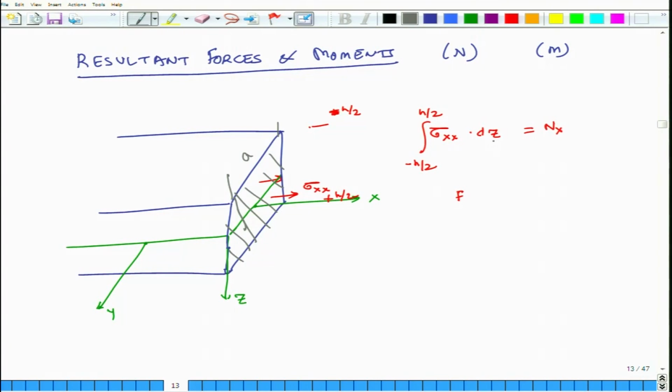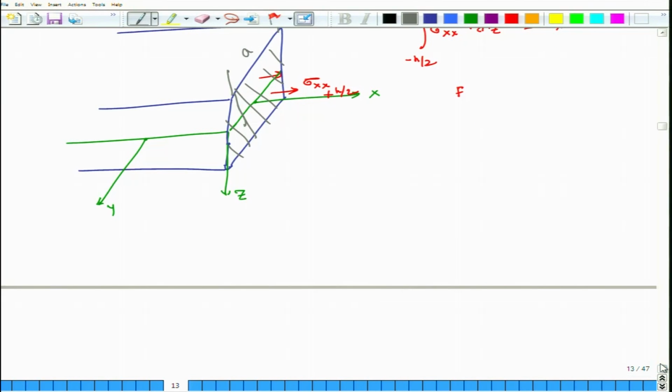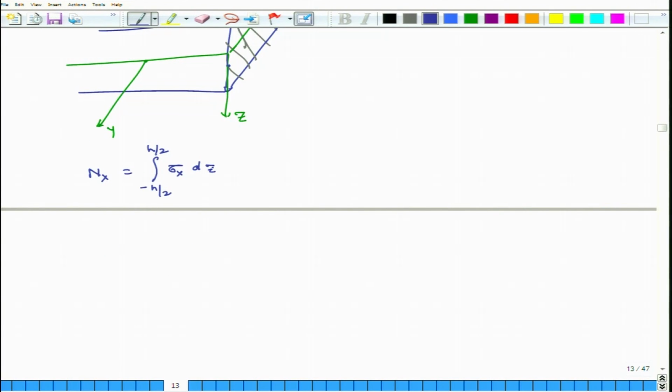Okay. So, similarly we define other quantities. So, Nx is equal to integral from minus h over 2 to h over 2 of sigma x dz. Similarly, Ny.